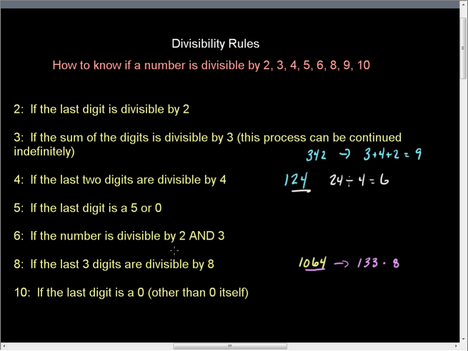I'm going to build a number on purpose: 246 is divisible by 6 because 6 is divisible by 2, and 2 plus 4 plus 6 is equal to 12, which is divisible by 3. Since it's divisible by 2 and 3, it is divisible by 6.